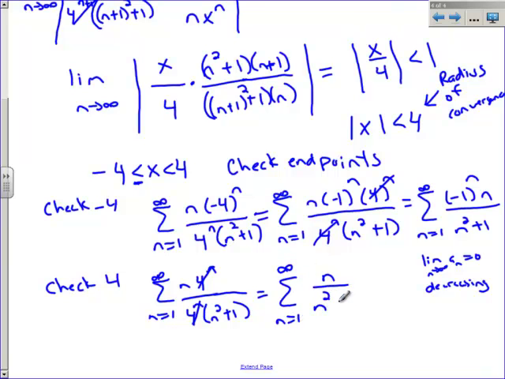And I'm going to have to use those tests we learned the first part of this chapter. I would basically compare this to the divergent harmonic series 1 over n, because if I cancel out that plus 1, it's basically 1 over n. And since this diverges, this also diverges, which means I cannot use my right endpoint of 4.